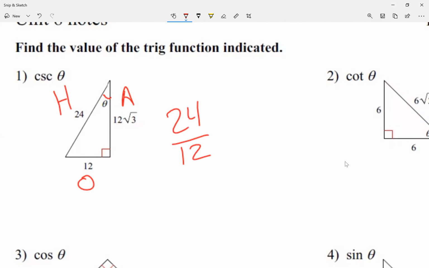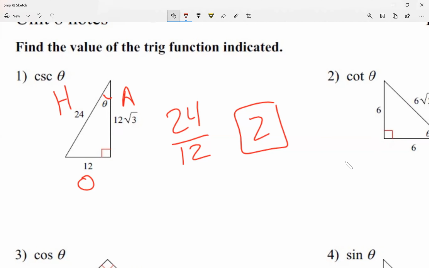Simplify your fraction if possible. 24 divided by 12 is 2. So my function is going to be 2. If we have radicals at the bottom, we got to get rid of those, but in this case, we don't. So remember, cosecant is hypotenuse over opposite, 24 over 12, which is 2. Simplify your fraction if possible.